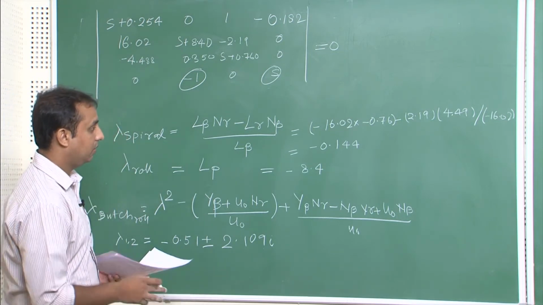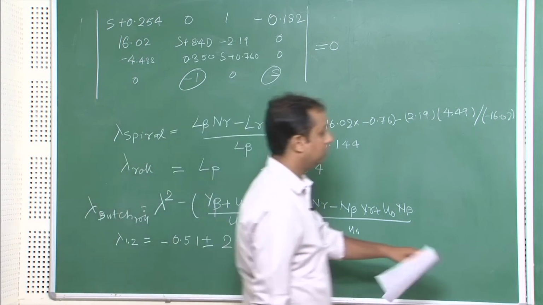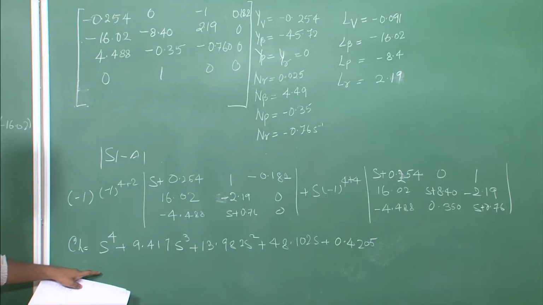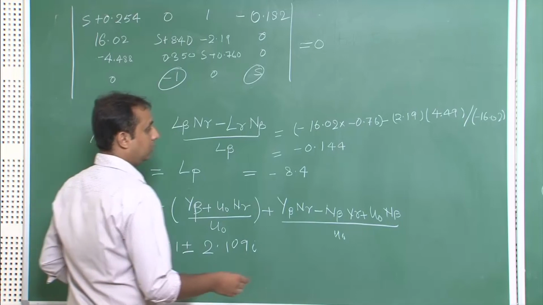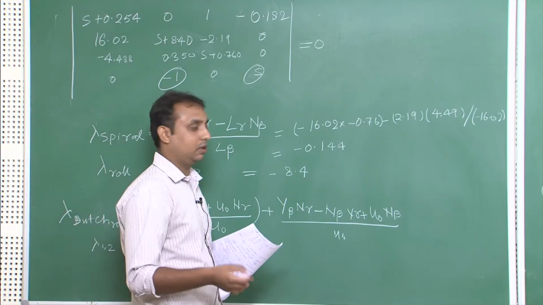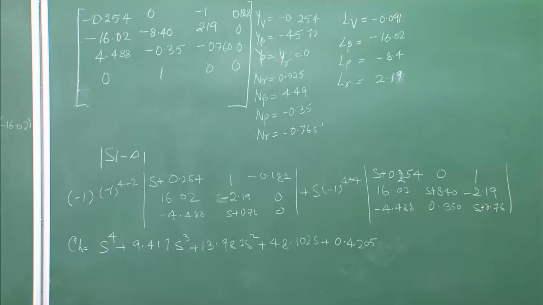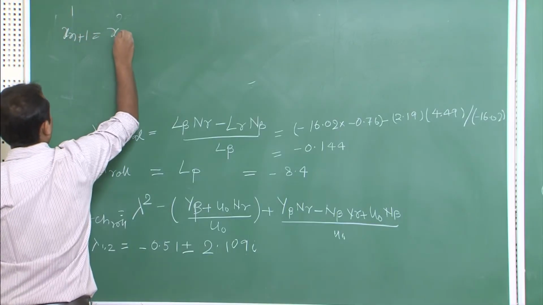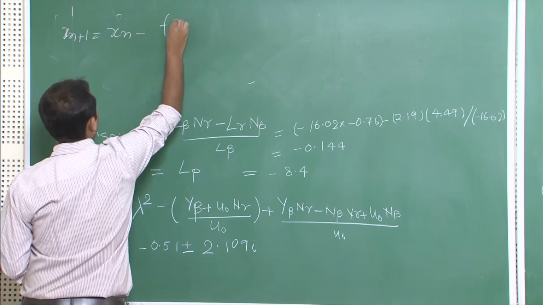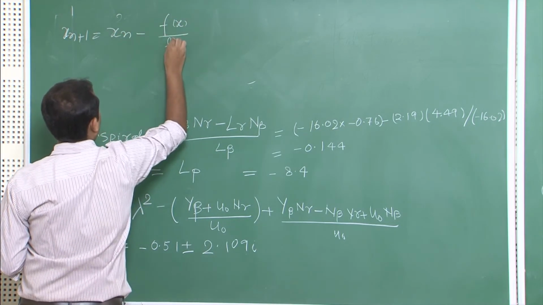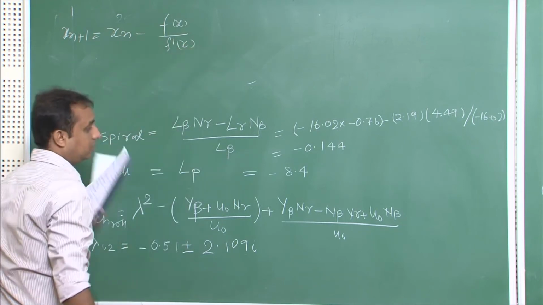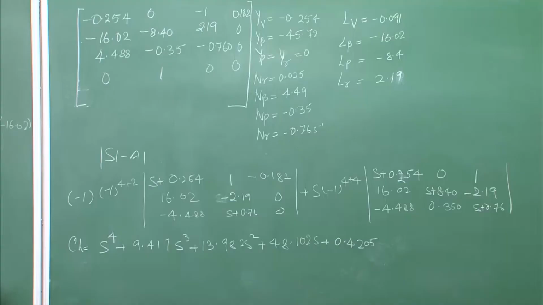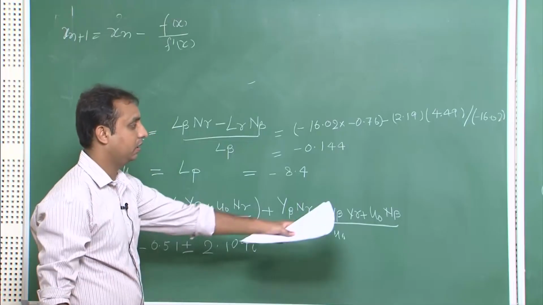Now what I am interested in is which values to use so that this series converges very quickly. The trick is that since approximations of these modes are very easy, keep those values as the initial values in the Newton-Raphson formula, which we already mentioned: x n plus 1 equals x n minus f of x by f dash of x, where f of x is the characteristic polynomial for which we have to determine the roots, and f dash is simply the derivative of that.